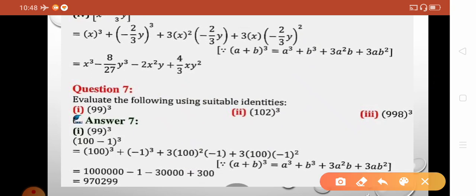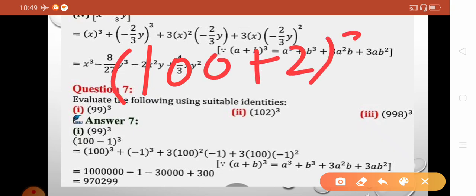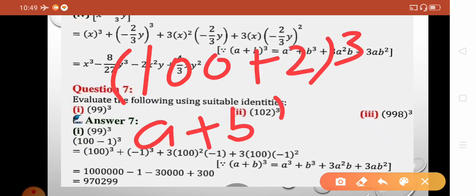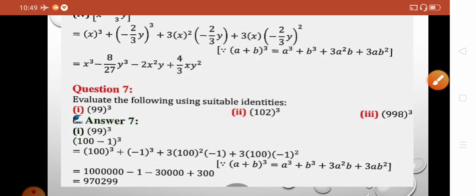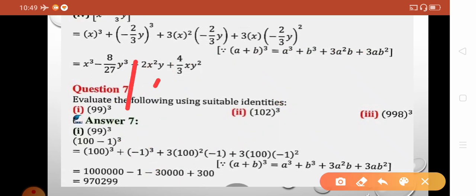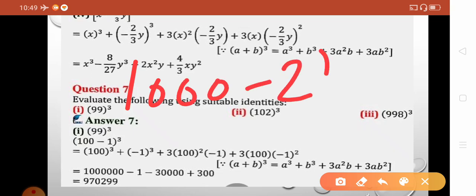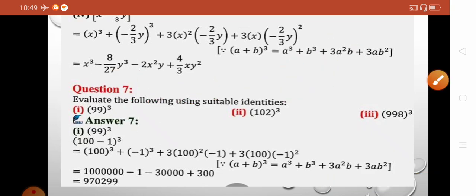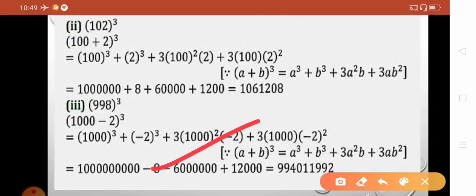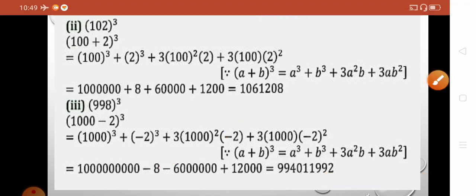Next is 102 cube, that means 100 plus 2 whole cube. Simply use the formula a plus b whole cube, put the values in the identity and you will get your answer. Next is 998 cube, that means 1000 minus 2 whole cube. Simply put the values in the given formula and you will get your answer.